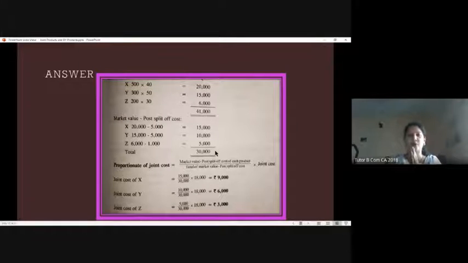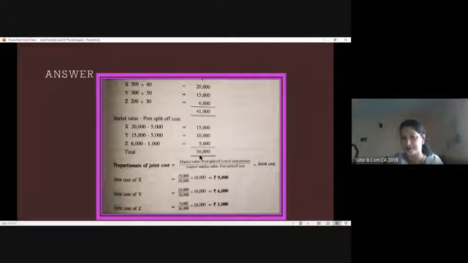Now we have both the numerator and the denominator for the apportionment of the joint cost. So what we do, we find a proportionate allocation of joint cost based on market value at the time of split off as well as at the time of post split off. So here it will be the total for X, the value after post split off cost is 15,000 upon the total of 30,000.